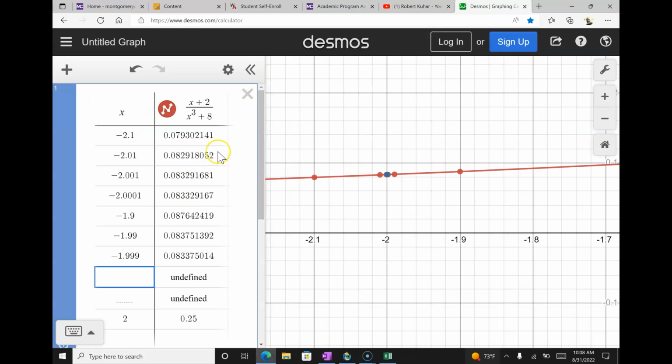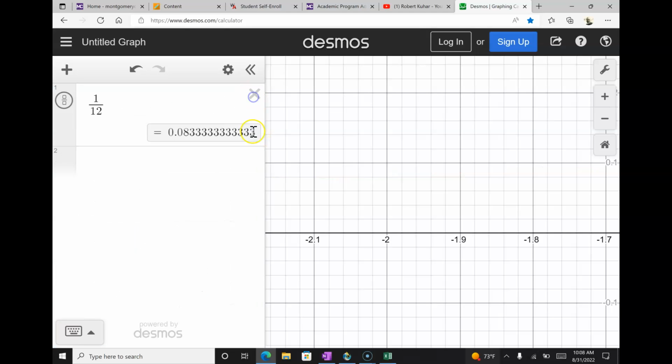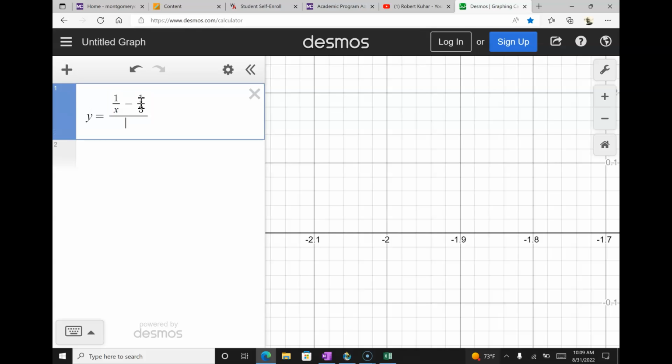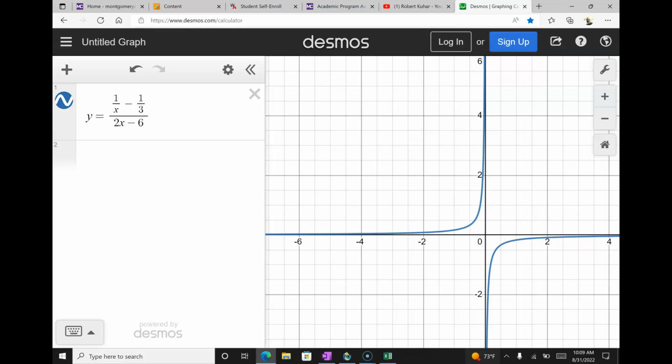Let's take a look at this one on Desmos, and you'll see where the 0 is an issue. So y equals 1 divided by x minus 1 divided by 3. Holding the shift key down, I'm using my arrows to highlight divide by 2x minus 6. You can see where the 0 is an issue, right?